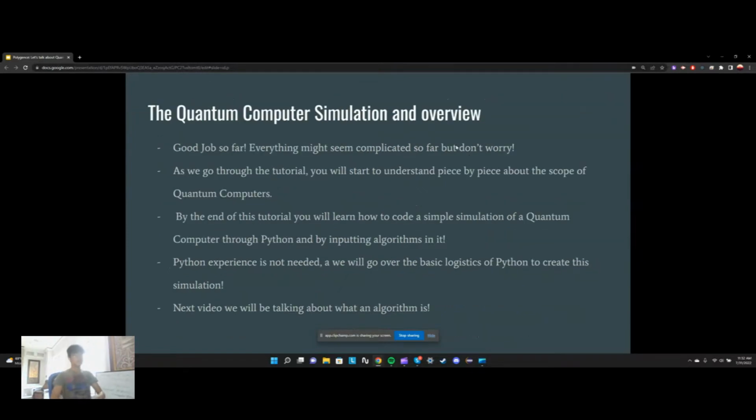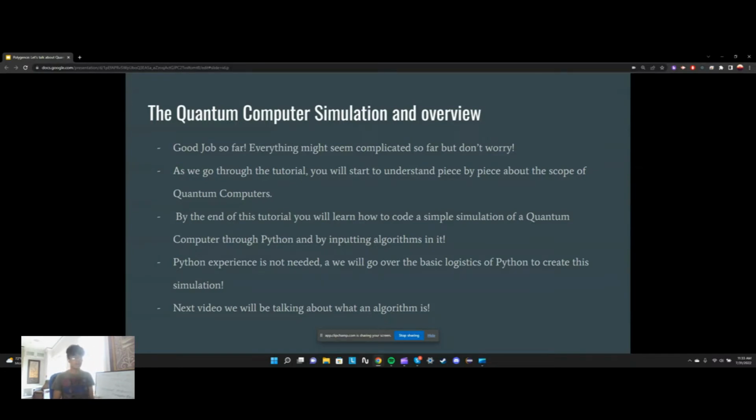So, good job so far, everyone. Give yourself a pat on the back as we just understood the ability of what a quantum computer is, how mind blowing it is, and the positive impacts it can make on our society. So, now, as we go through the tutorial and the other upcoming videos, we will all start understanding the puzzle, right?